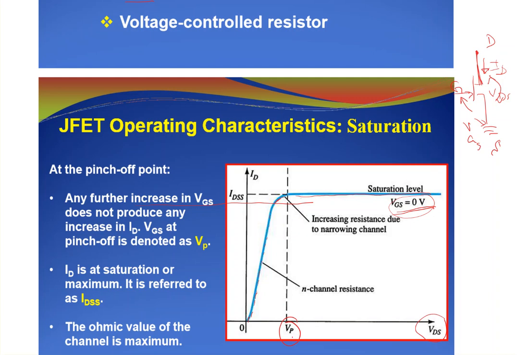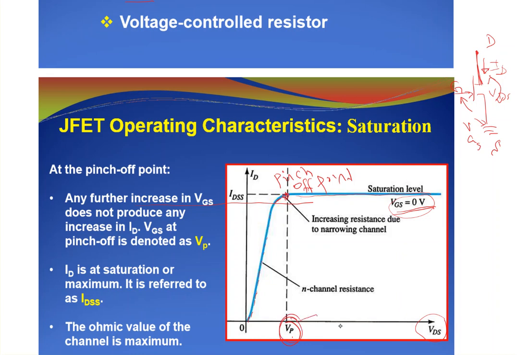This point, where there is no more increase in the current ID for any further increase of VDS, is known as the pinch off point. The corresponding voltage we call VP.